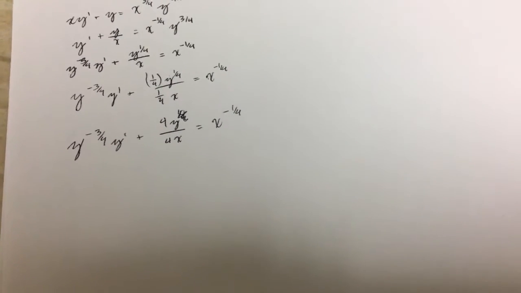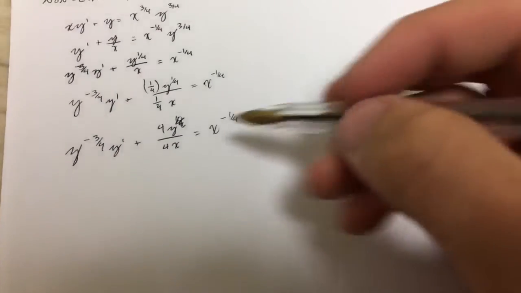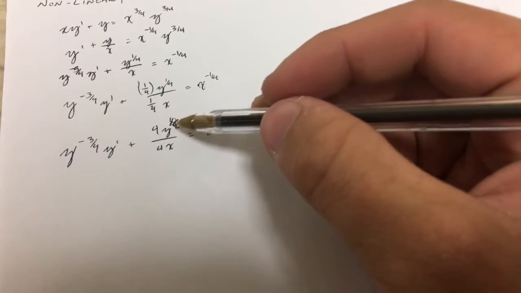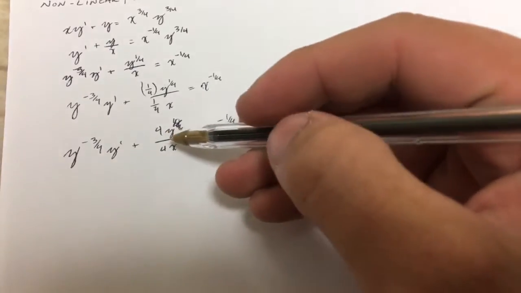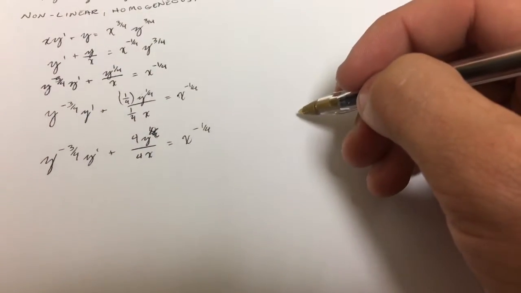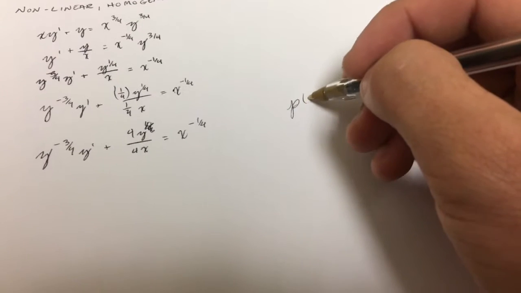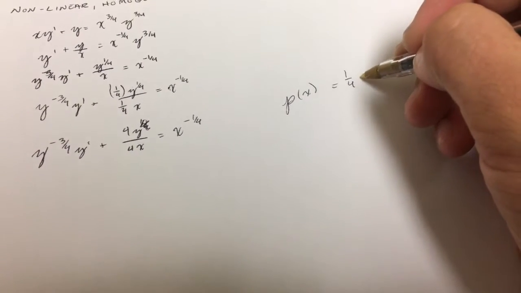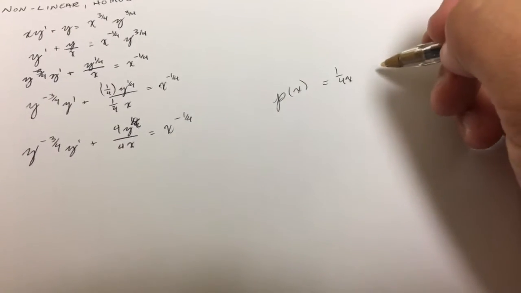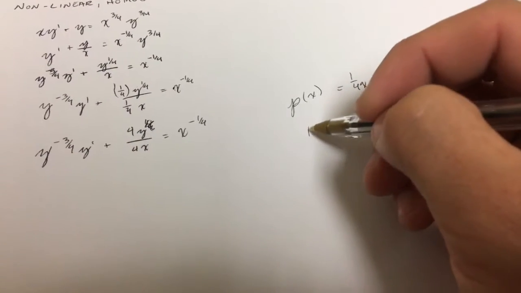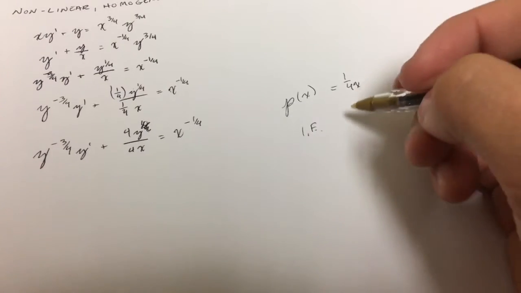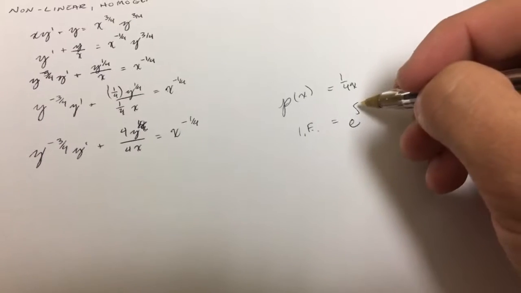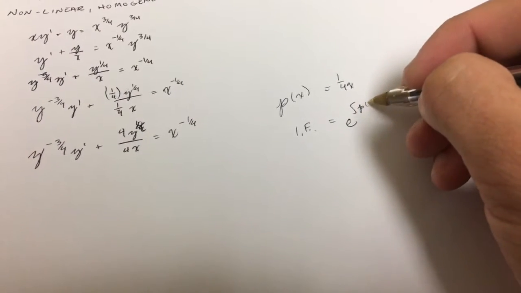Now from here, if you look at what you multiply the y by, you see that our p of x, because we are going to have to use Bernoulli's, is equal to 1 over 4x. And to find our integrating factor, we need to set e to the integral of our p of x.